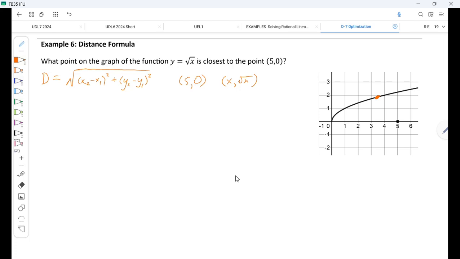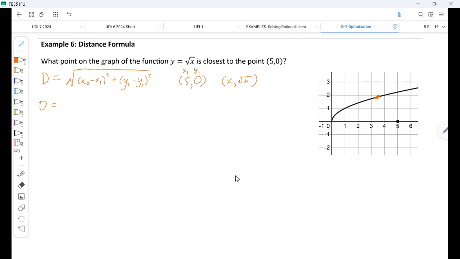Okay, so we will fill these into our formula. It makes the most sense to keep the numbers as our x1 and y1, because we're going to have minus 5 and minus 0. It'd be better to have minus a number than minus a function. We are writing an equation that finds the distance from the point (5, 0) to any point on the curve.